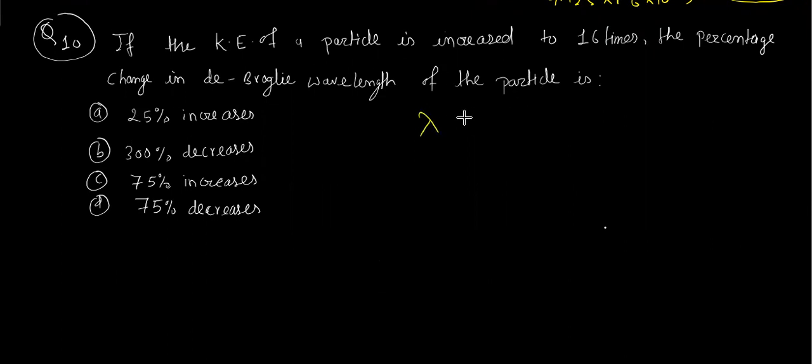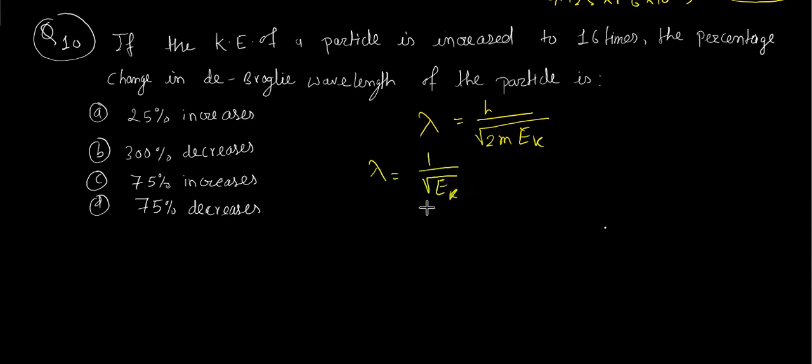As we know, wavelength is inversely proportional to the square root of kinetic energy, as the expression of de Broglie wavelength in terms of kinetic energy is h over root under 2m Ek. So I'm going to write it as proportional to 1 by root under Ek.